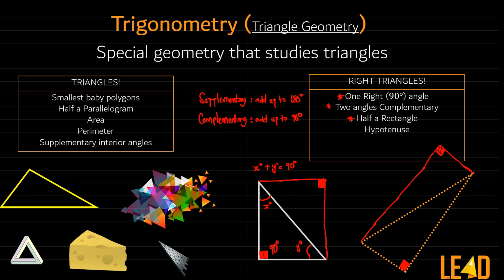The final property of right triangles is that the longest side is called the hypotenuse. You would really need to look out for the hypotenuse because it's very useful in all of the other properties and rules we'll be learning as we go ahead. So you need to be able to pick out the hypotenuse of a right triangle.